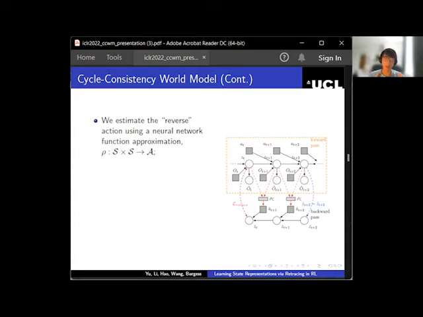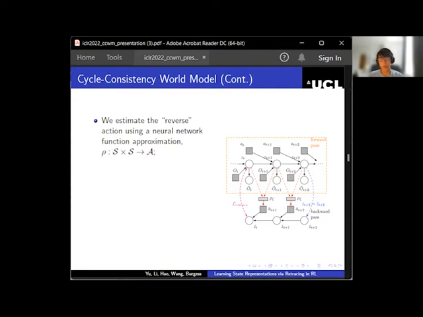So lots of design choices here. We just introduce CCWM as one specific choice of such possibilities, and it works. So that's why we stick with it.